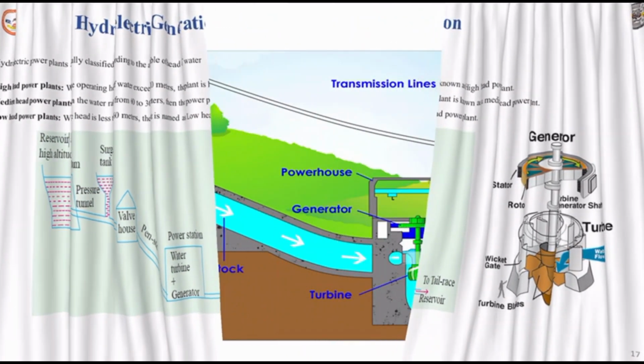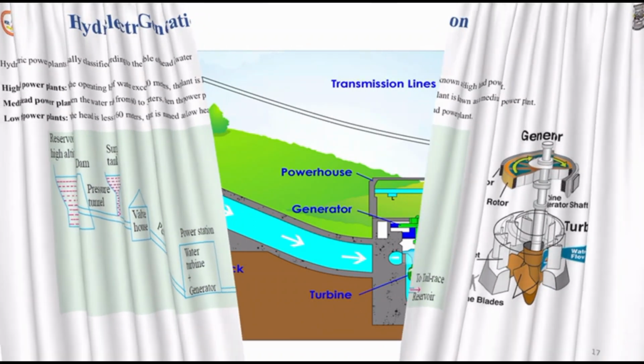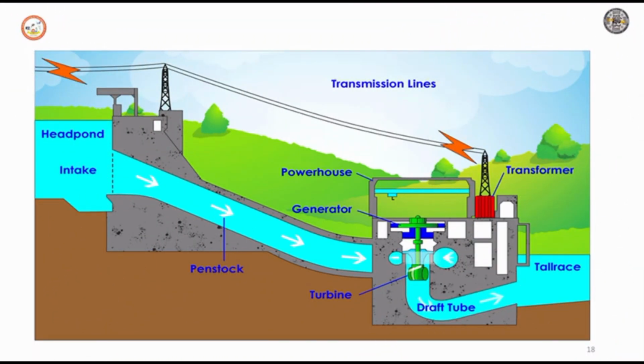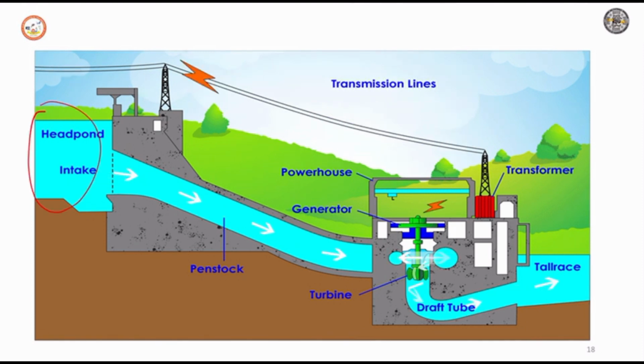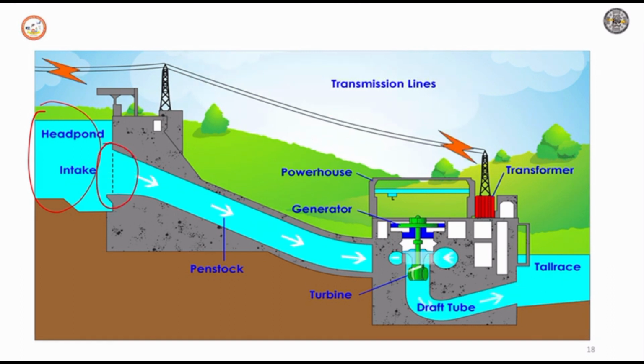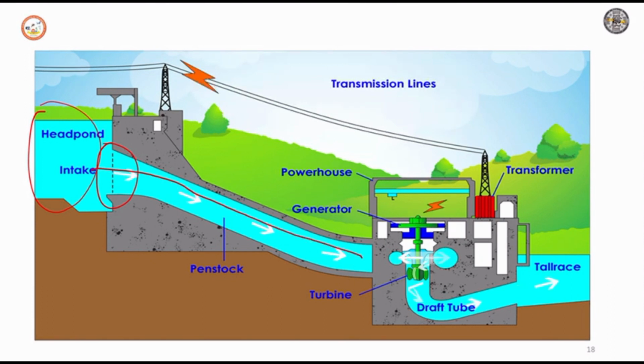Let us see the animation of how all these things happen. Now you can observe here the reservoir, and the gate near the dam. When it is opened, the water flows through the penstock with high pressure and hits the turbine blades.